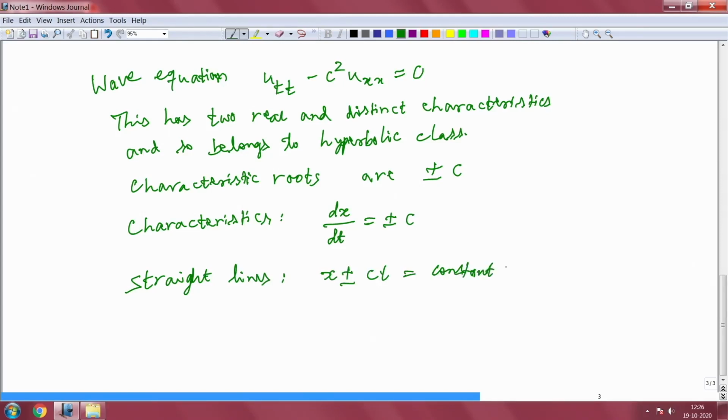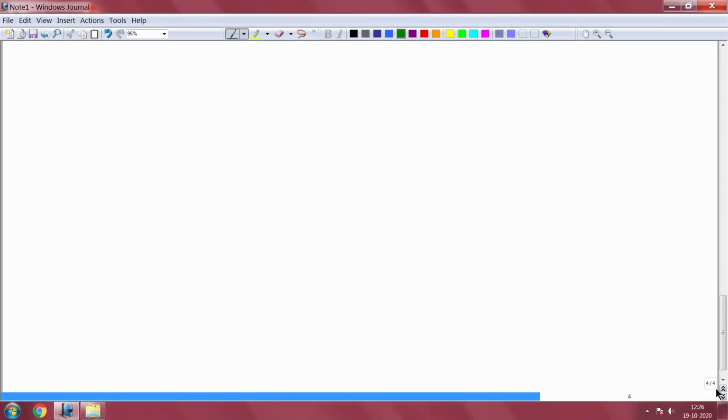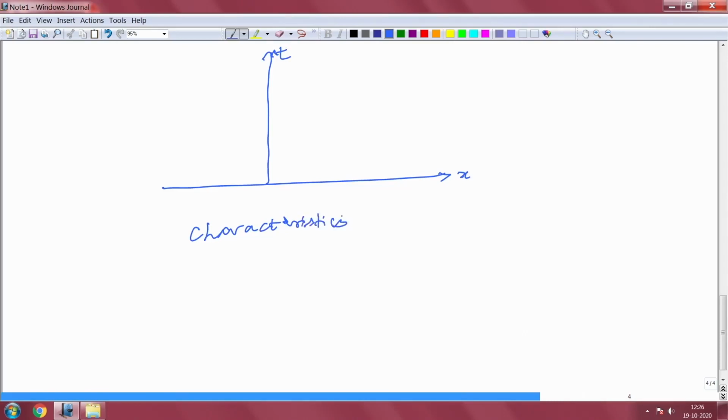So, let me just draw some pictures. This is the x axis and this is the t axis. The characteristics are two families of straight lines.